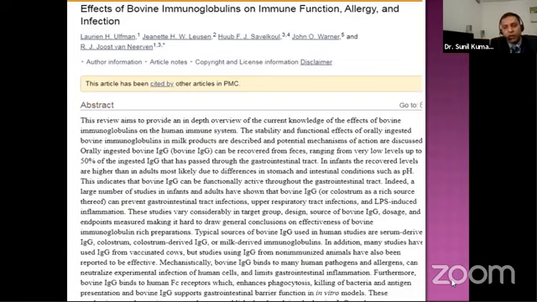And we already know that colostrum has a high amount of IgG, immunoglobulins, which are essential for the baby's health.